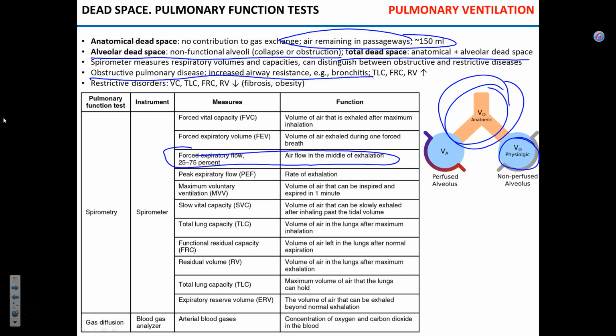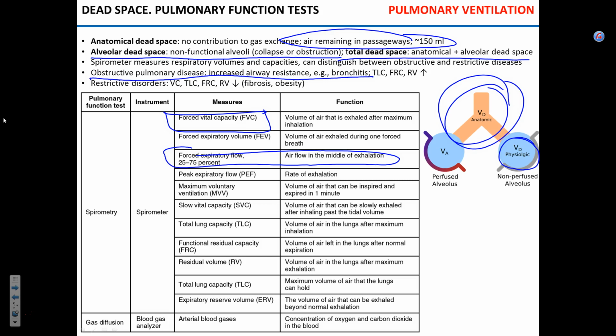And same way, my complete exhalation, say forced vital capacity, meaning from the top of my breath to the complete bottom, will take longer. Does that make sense? This is how COPD can be diagnosed.